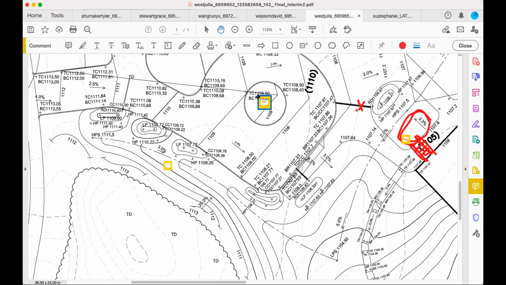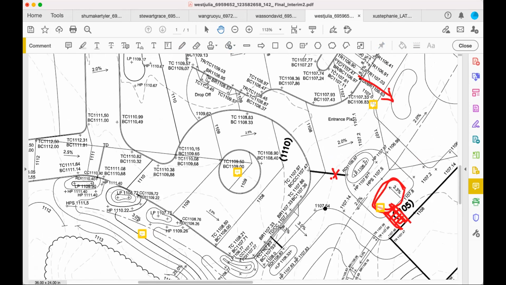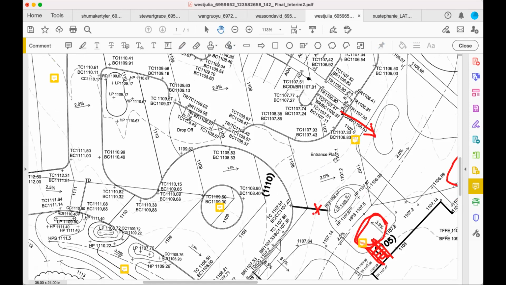Would I need one for the top part of the turnaround? Top part of the turnaround. Can you annotate? I can. This part. That part.